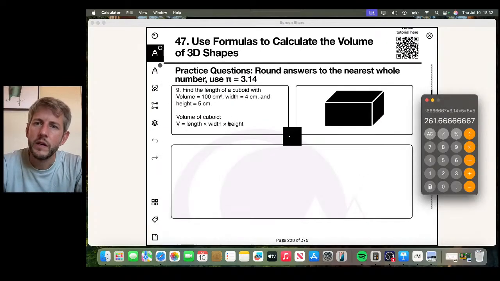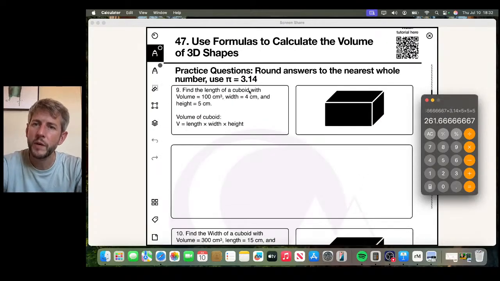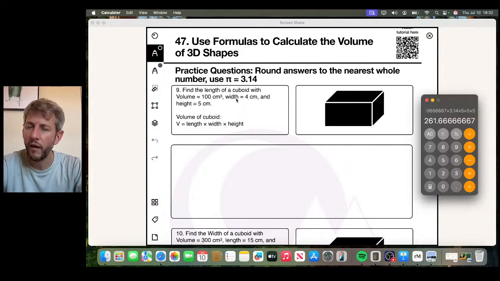Right, question 9. Okay, here we go. So question 9 is find the length of a cuboid. Oh, okay, this is interesting. Find the length of a cuboid with volume 100 centimeters cubed, width 4 centimeters, and height 5 centimeters. Volume of the cuboid equals length times width times height. So we don't have the length.